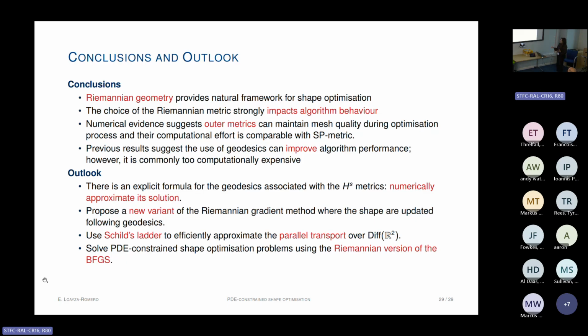Another thing that I haven't mentioned so far, or why we are not using higher order methods yet, is because when you have, for example, the BFGS method in Riemannian manifolds, you need something called the parallel transport. If you remember, BFGS uses the difference between two gradients from two different iterations, but they live in the Riemannian setting, in different tangent spaces, so you cannot just compare them.